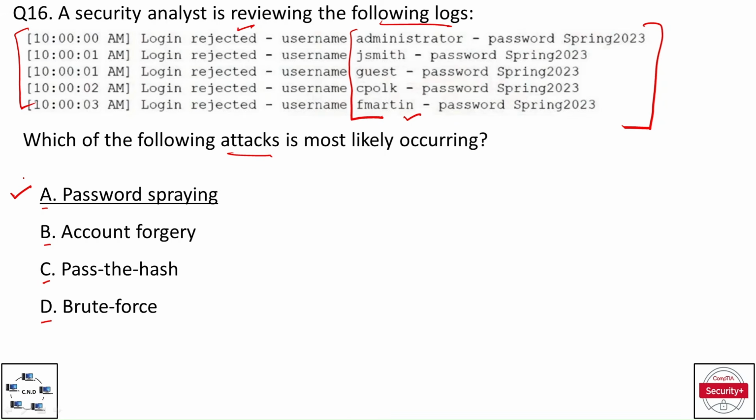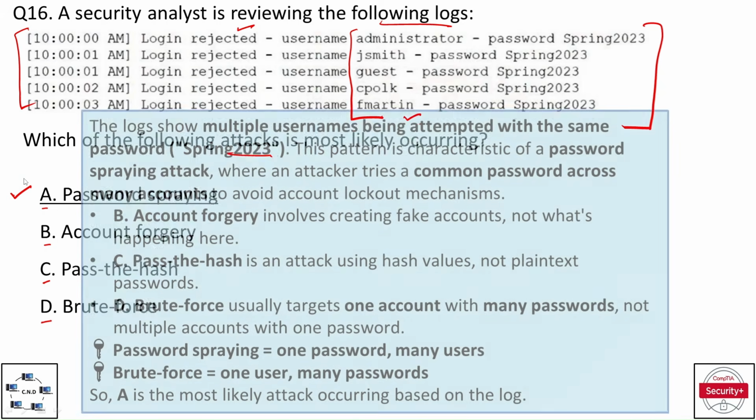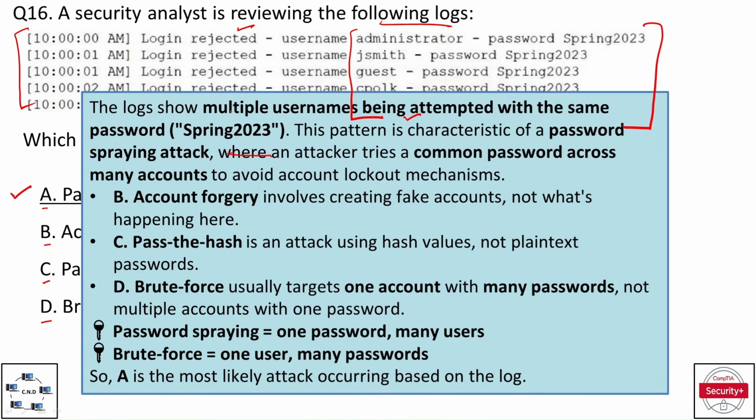option A, password spraying. So what is password spraying? The log shows multiple usernames being attempted with the same password, that is string 2023. This pattern is the characteristic of a password spraying attack where an attacker tries a common password across many accounts to avoid account lockout mechanisms.